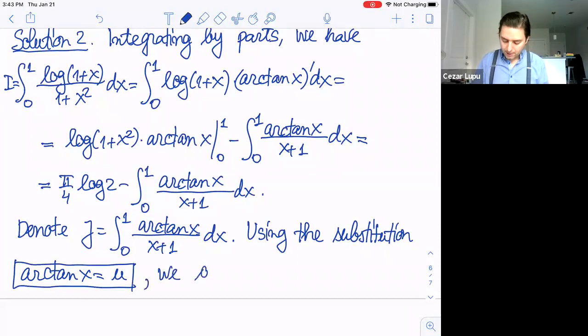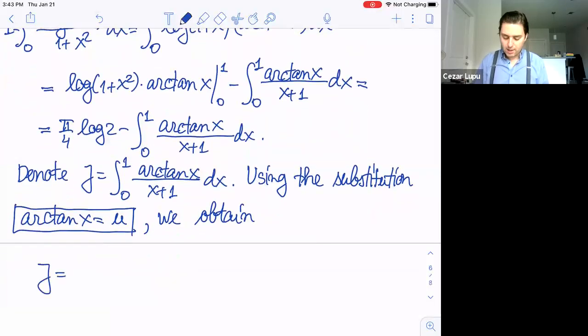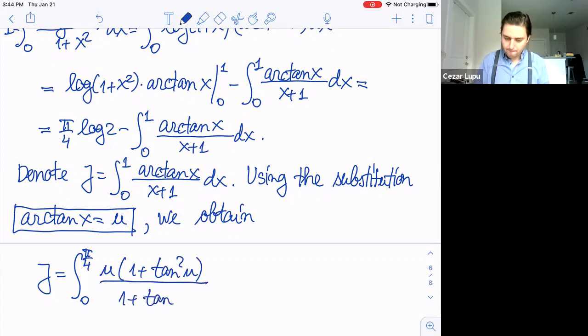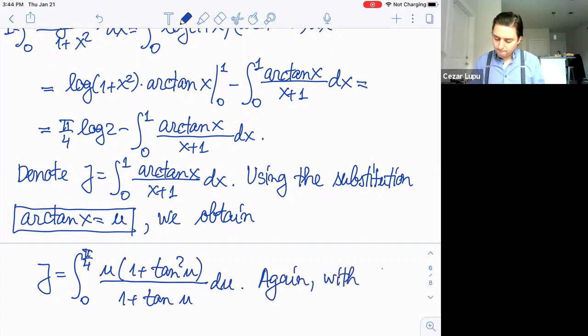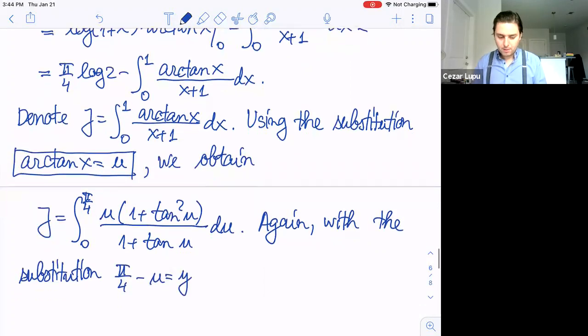We obtain that our integral j is the integral from 0 to pi over 4 of u times 1 plus tangent squared of u, and everything over 1 plus tangent of u du. And now again with the substitution pi over 4 minus u equals y.